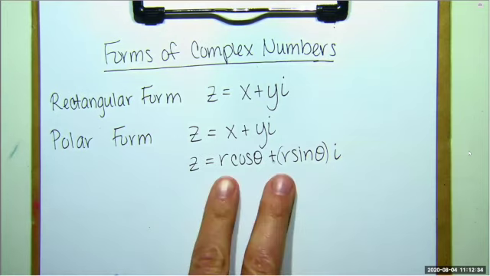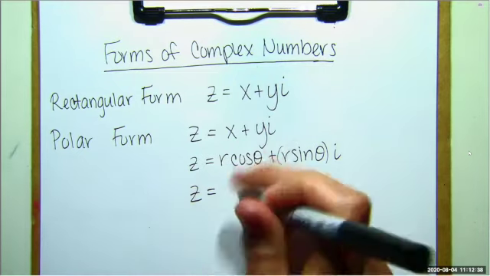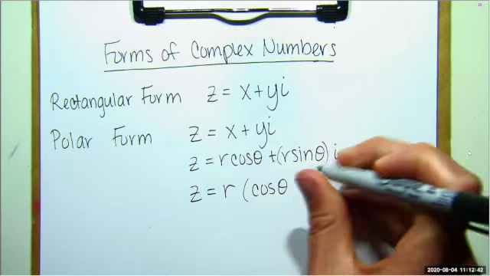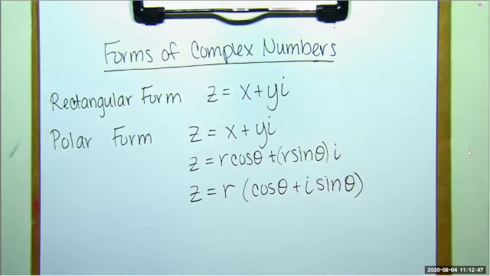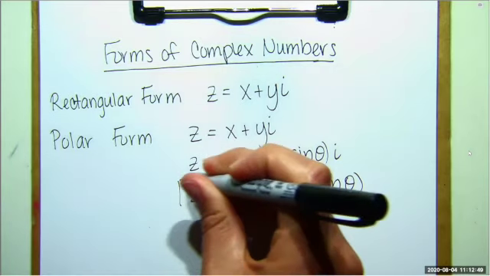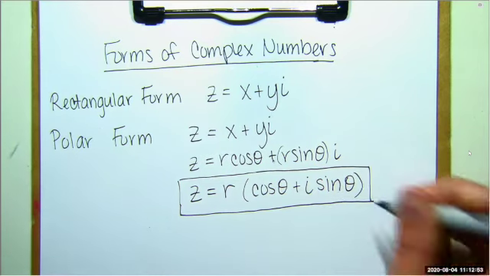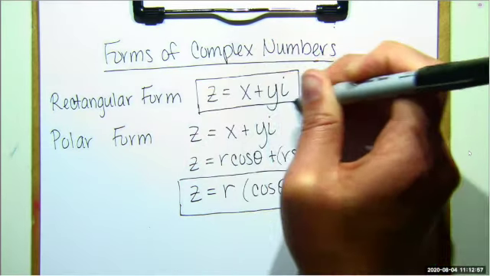I notice that both of these terms have an r in there. So I'm going to factor out the r and write this as r times cosine of theta plus i sine of theta. So this is a complex number in polar form. This is a complex number in rectangular form, and here's a complex number in polar form.